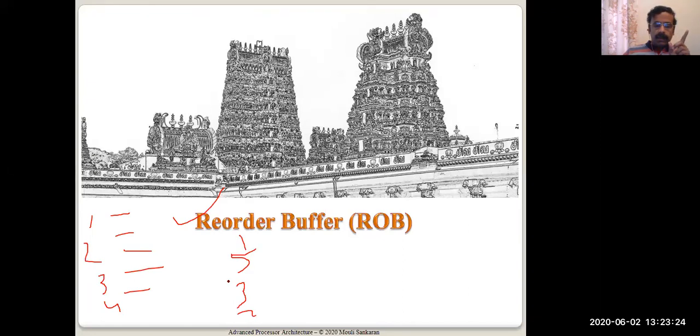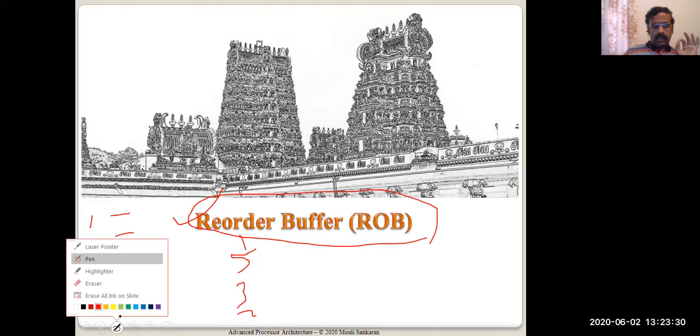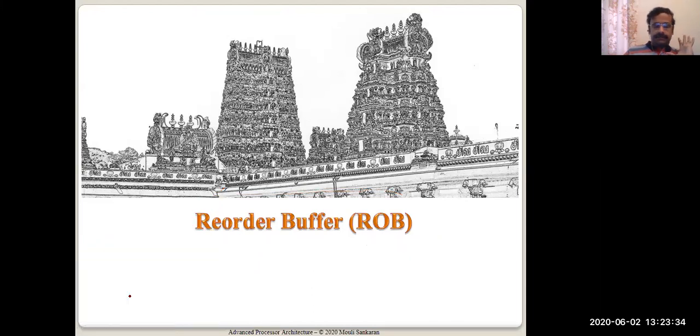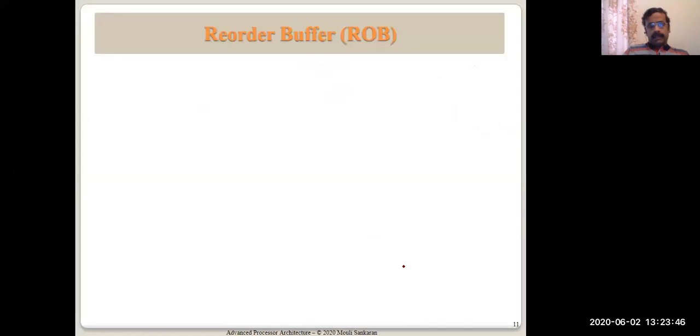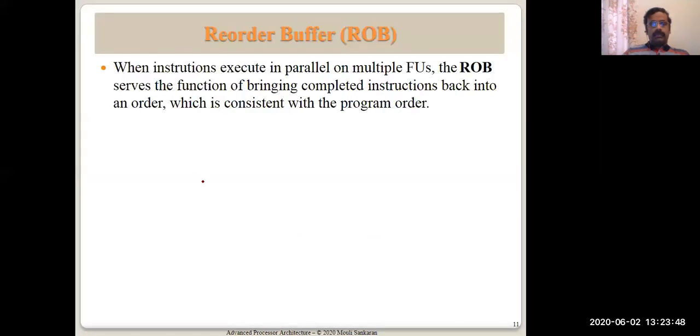Now, the name says it is reorder buffer. Actually, what it is doing is ordering it. I'll tell you why it's called reorder once I explain where it is used and how it is used. So now let us see the implications and then come to this.